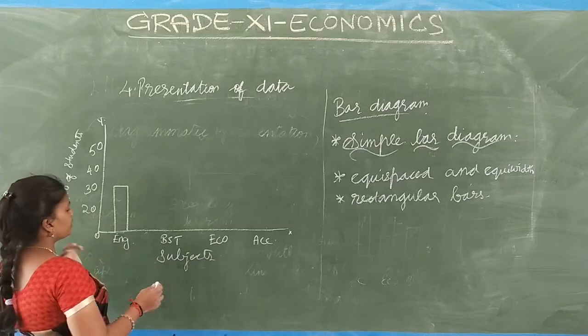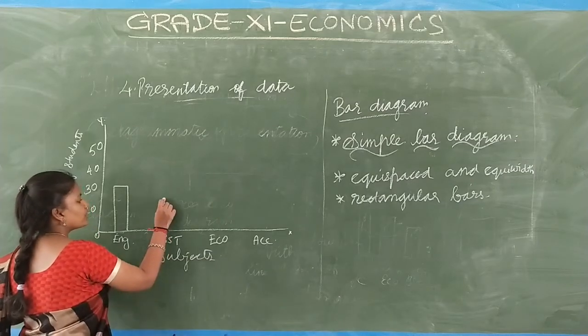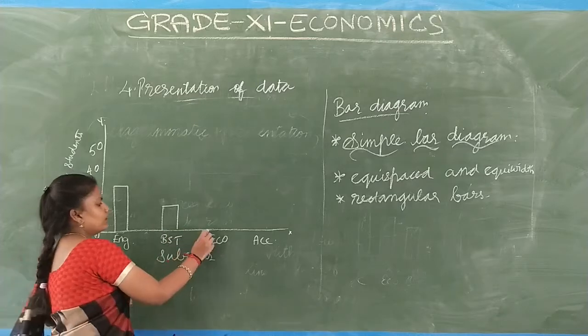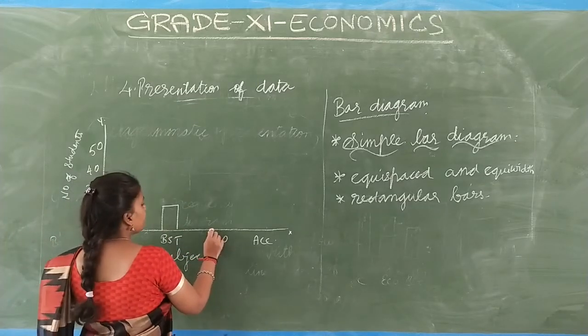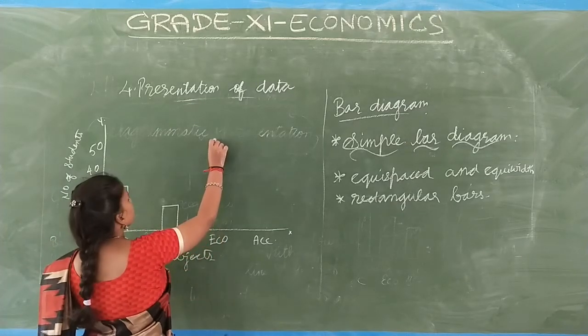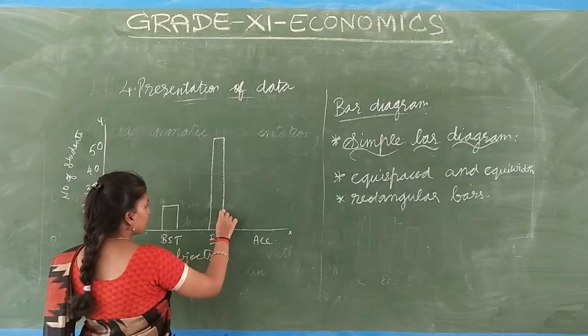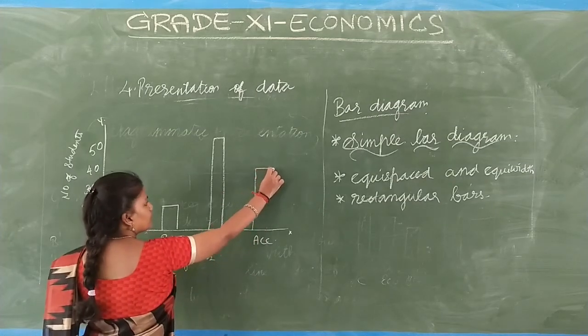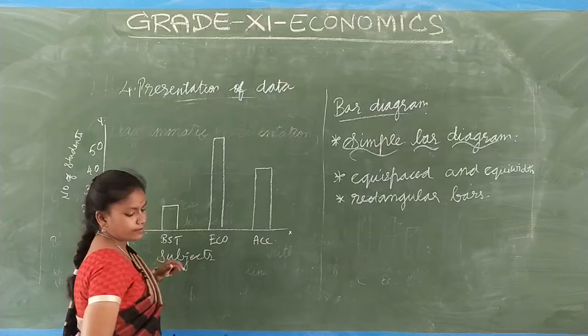Next, business studies, only 20 have attended. So how do I draw it? I should equalize it till here. Then economics, all 50 have attended, so I'm going to take it to the top. Accountancy, 40 have attended, and take it till there.